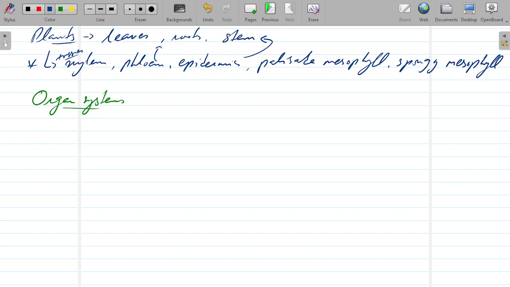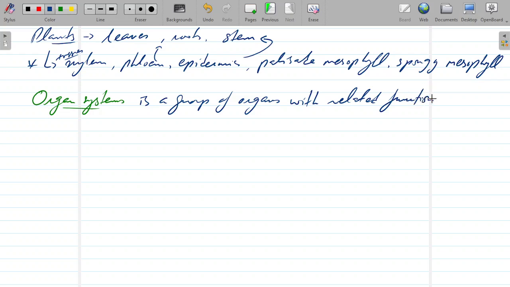So an organ system is a group of organs with related functions working together to perform a body function.